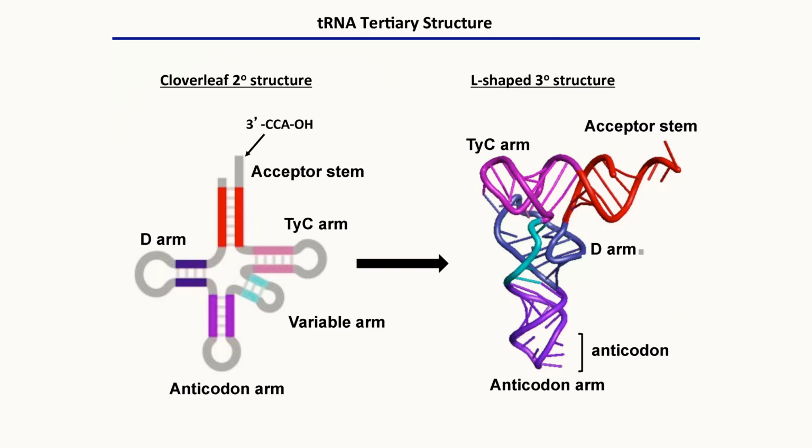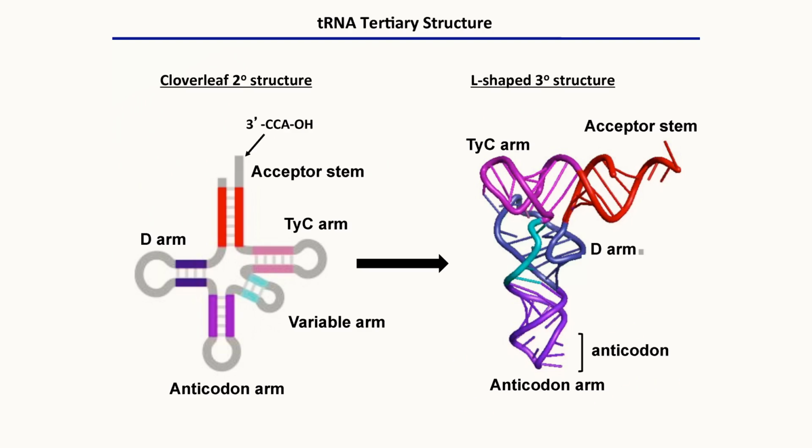This structure is L-shaped. And I like this depiction here because regions of the secondary structure are color-coded with the corresponding regions of this tertiary structure. So we see the shape of an L, rather upside down here, where we have the CCA acceptor stem over here and the anticodon arm and anticodon region down here.